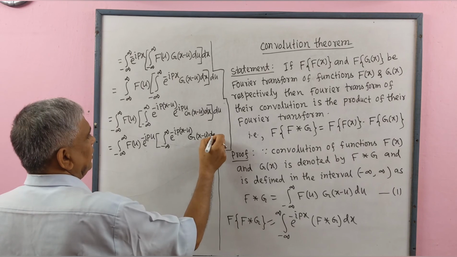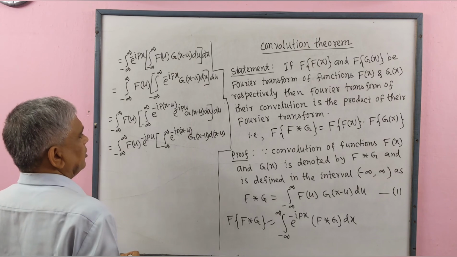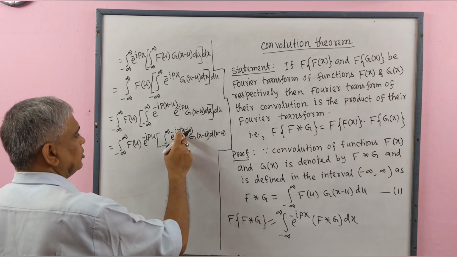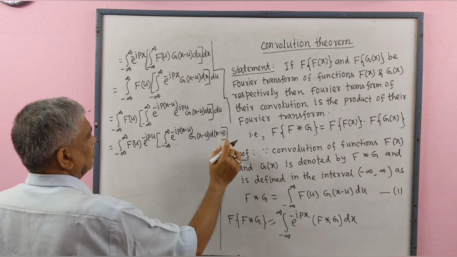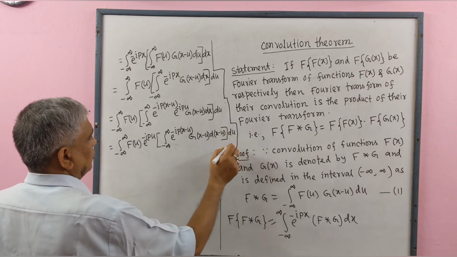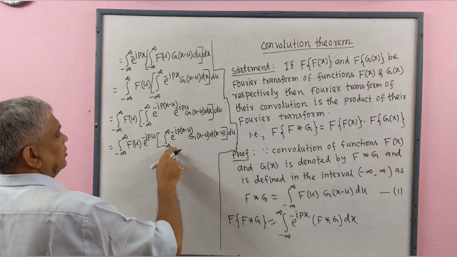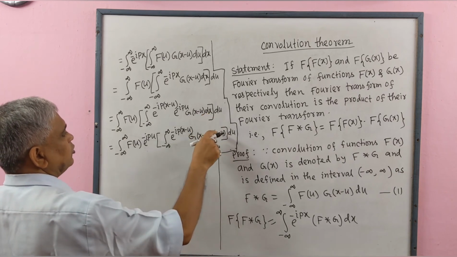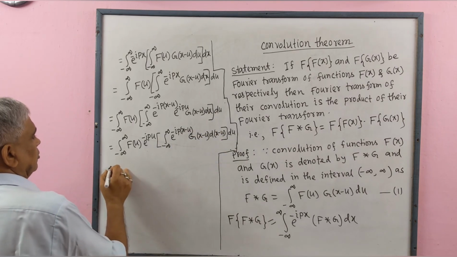We may write d(x minus u) in place of dx because u is constant with respect to variable x. For this integration, u is treated as constant, so in place of dx, we may write d(x minus u).